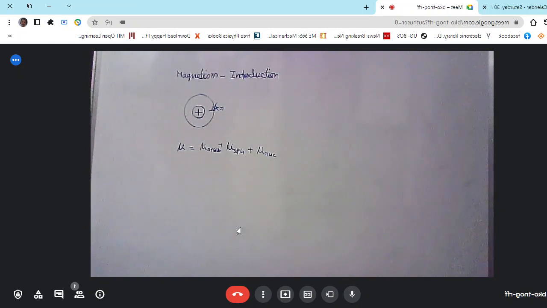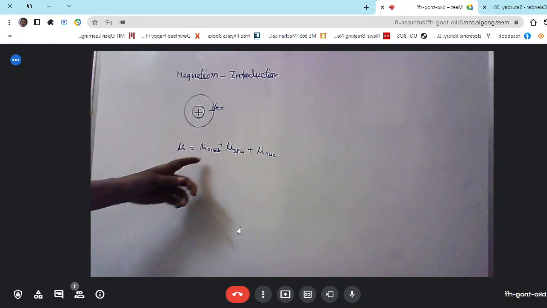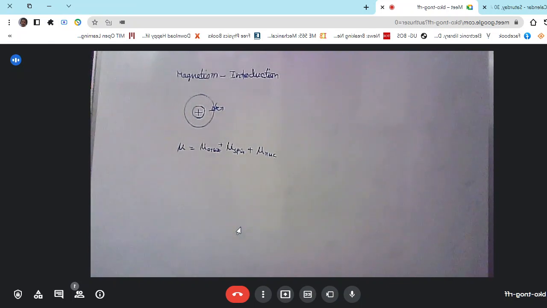One is due to orbital motion, one is due to the spin motion, and the third one is nuclear motion. Now these two are sufficiently higher, whereas the contribution due to the nucleus is very small, rather very small.